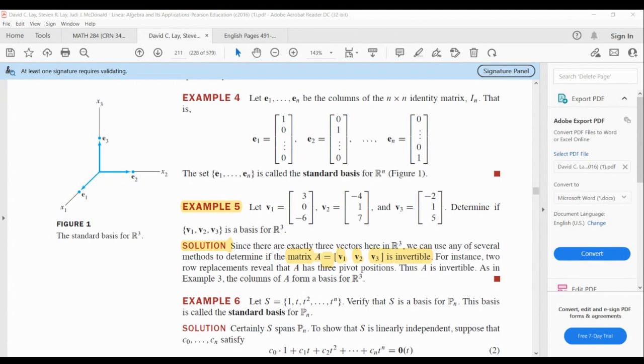There are a number of properties, but if A is invertible, that's part A of the theorem, then that implies part E of the theorem: the columns of the matrix A form a linearly independent set. So what they do is create the matrix A with the vectors v1, v2, v3, show that the matrix A is invertible. Then by the invertible matrix theorem, the vectors v1, v2, v3 are linearly independent.